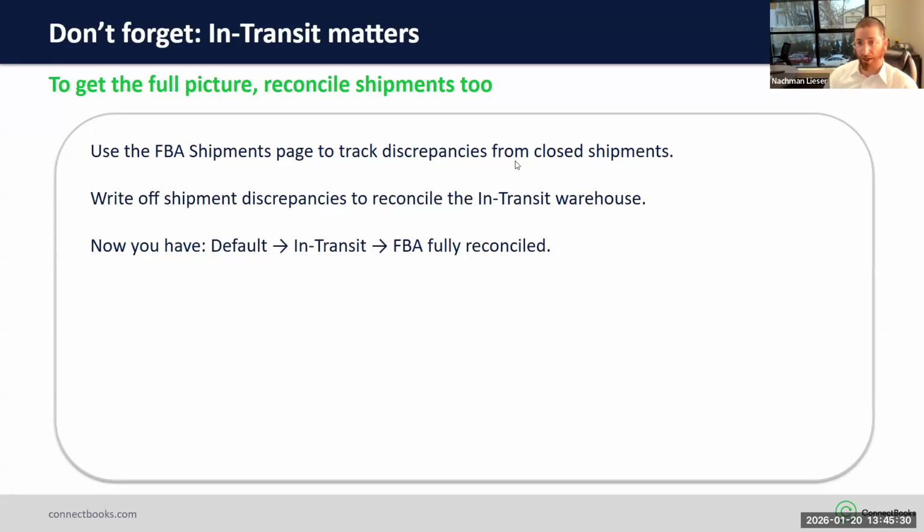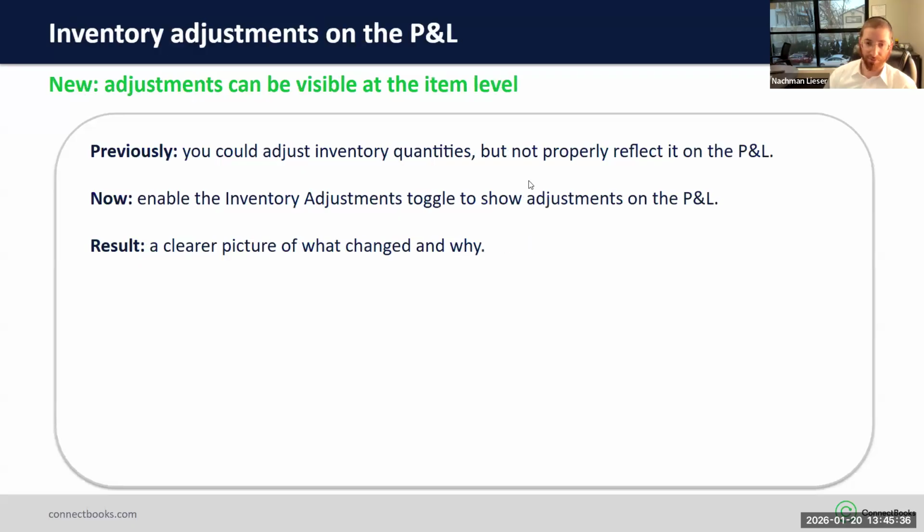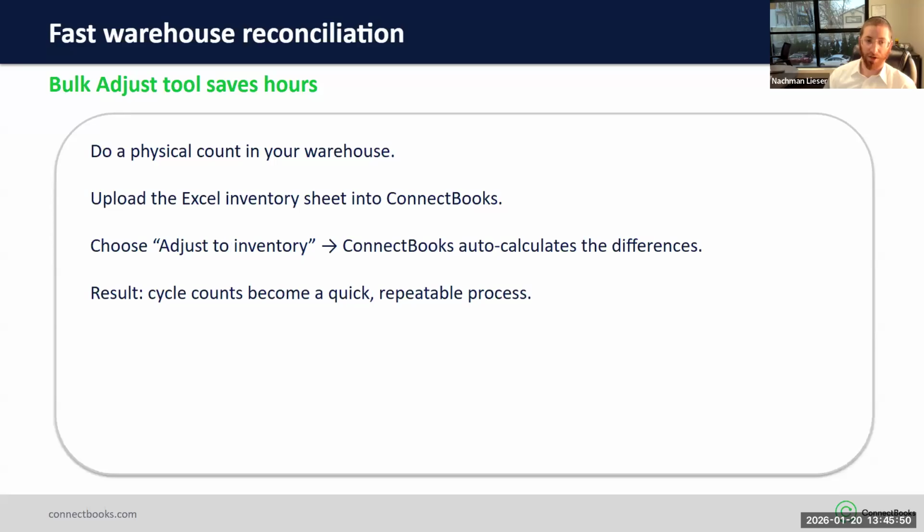The FBA shipments page, that's what I showed you before. That's going to be more to reconcile your in-transit inventory. Another thing also, every adjustment you make, you have the ability to put it on the profit and loss report, so it gets properly accounted for.